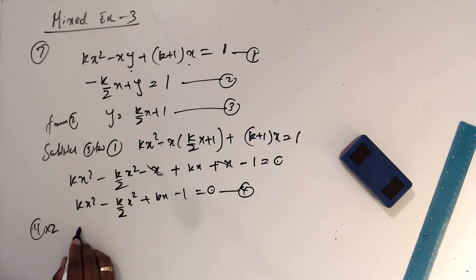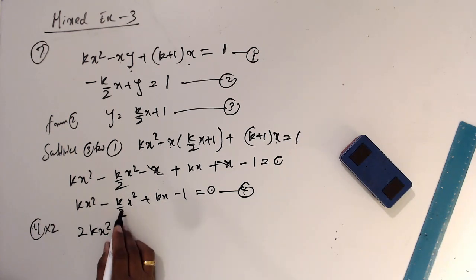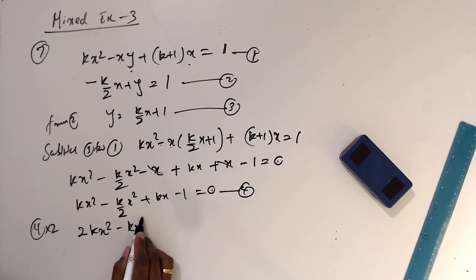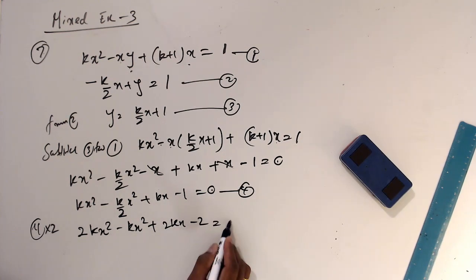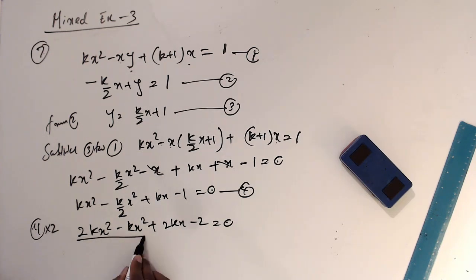So 2kx² minus kx² becomes kx² plus 2kx minus 2 equals 0.